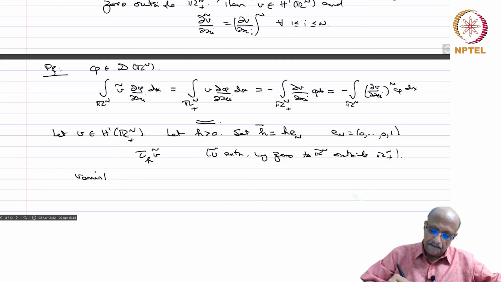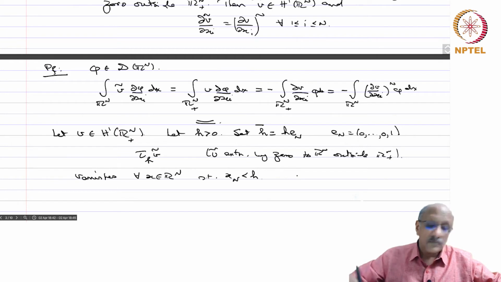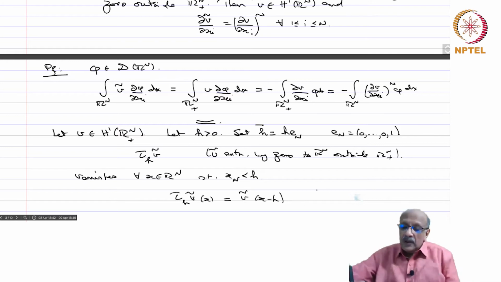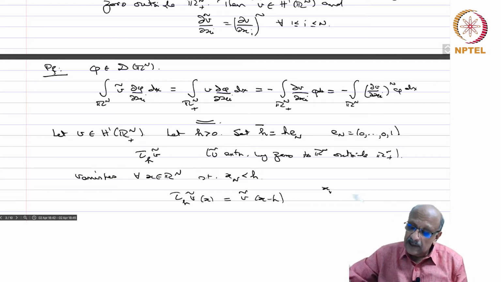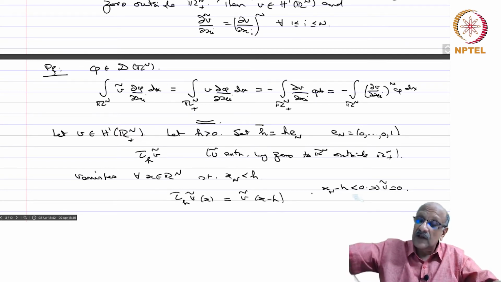So tau h of v tilde vanishes for all x in Rn such that xn is less than h. Why? Tau h of v tilde at any x is v tilde of x minus h. Now if xn minus h is less than 0, then v tilde is 0. So what are we doing?